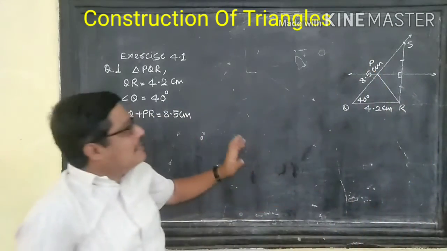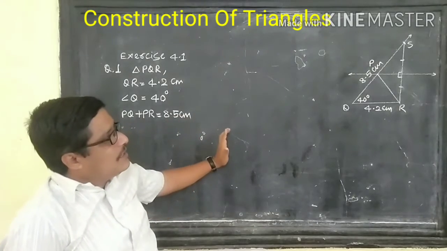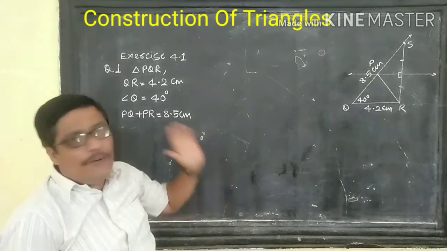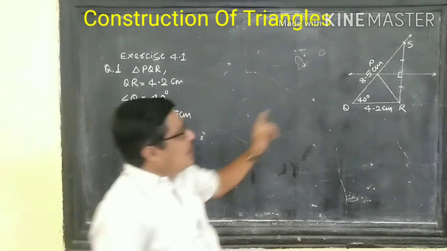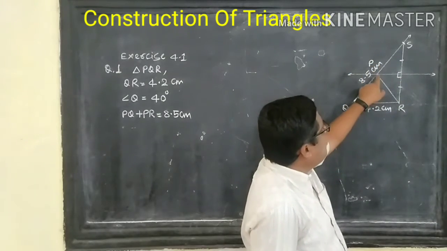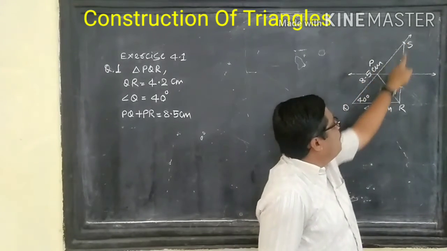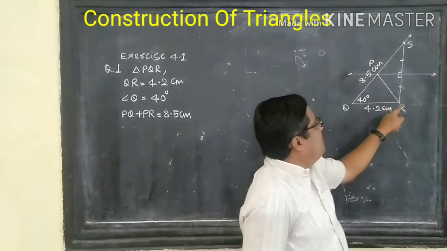Now already in the last example, that is basic construction, we discussed what is the nature of perpendicular bisector. Now this is perpendicular bisector, that means every point on the perpendicular bisector is equidistant from end points of the segment.